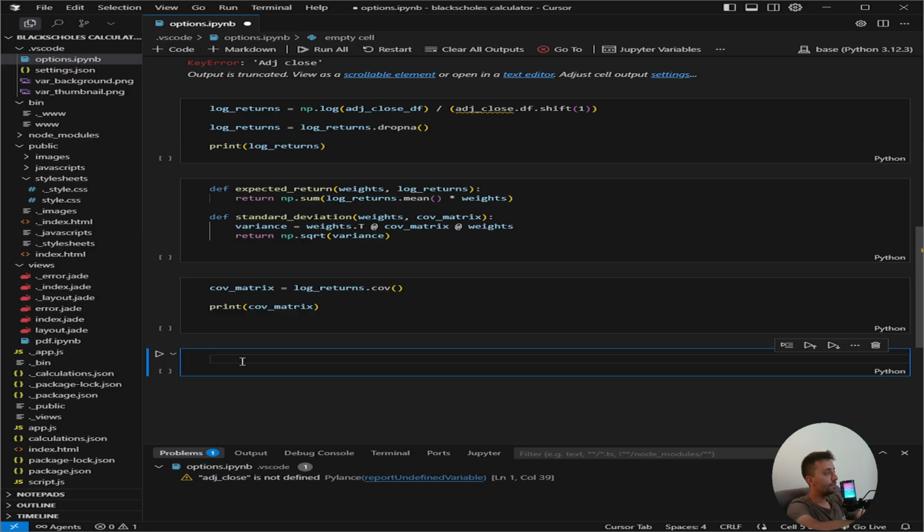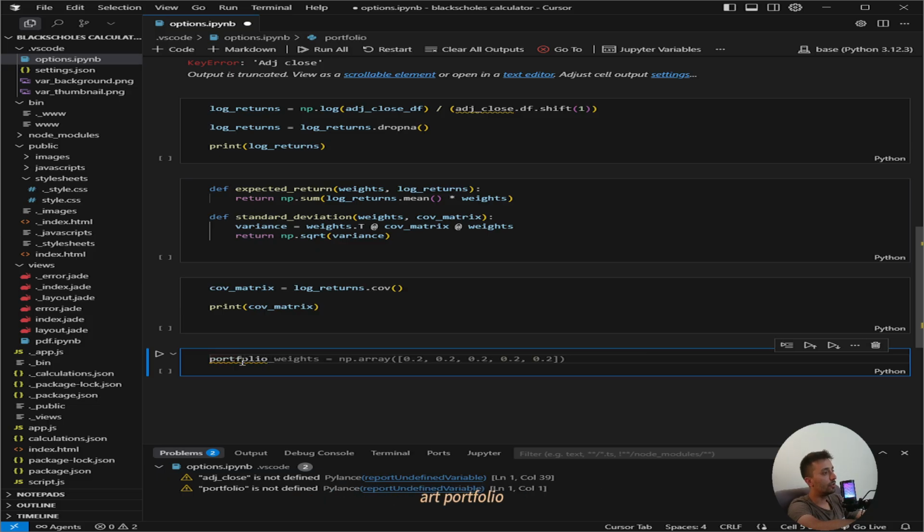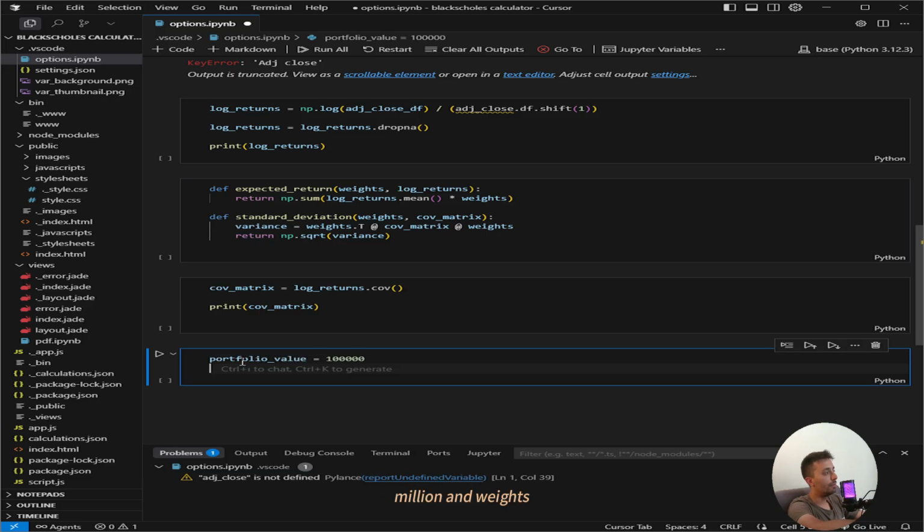Okay, and portfolio value. Let's have a portfolio value. Portfolio value equals 1 million, and weights np.array, but not this number.